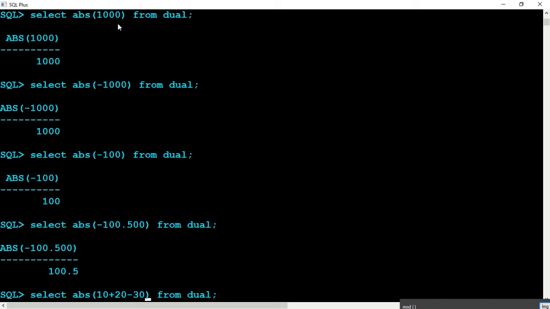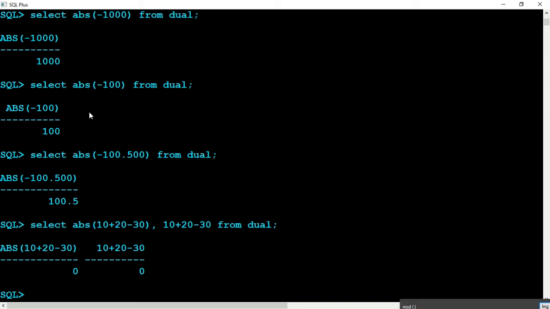If it is negative, it will still give you the positive value. For example, 10 plus 20 minus 30 gives 0, so the absolute value is 0.